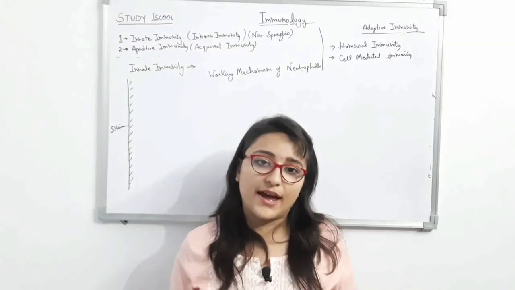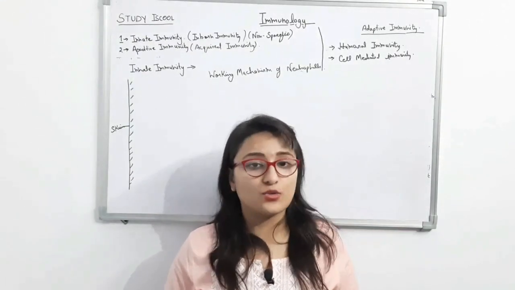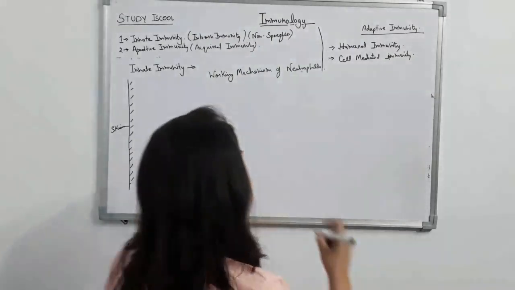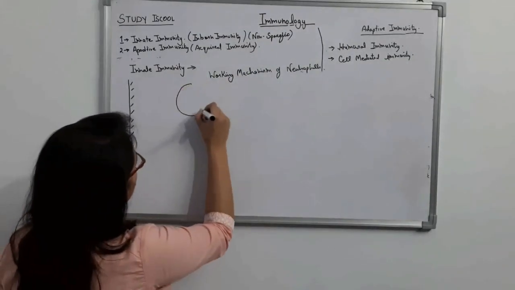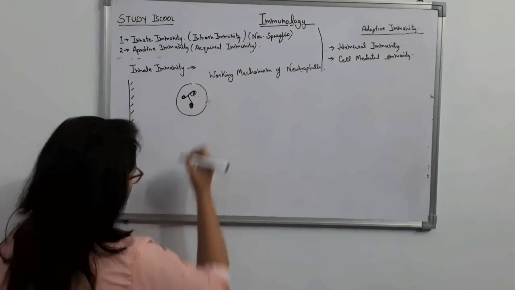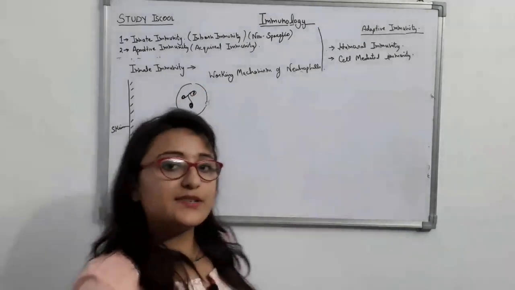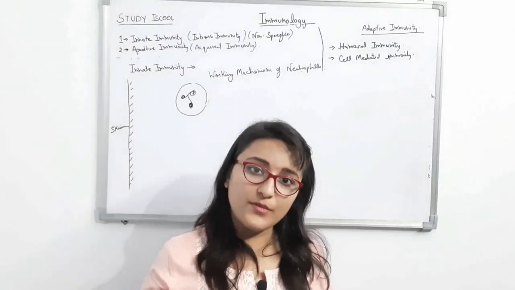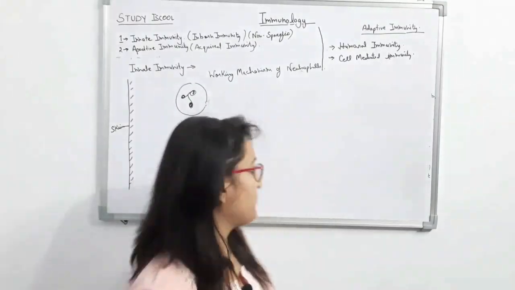You all know that neutrophils are trinucleated cells. We should always represent a neutrophil by 3 nuclei. These cells contain lysosome and a phagosome.